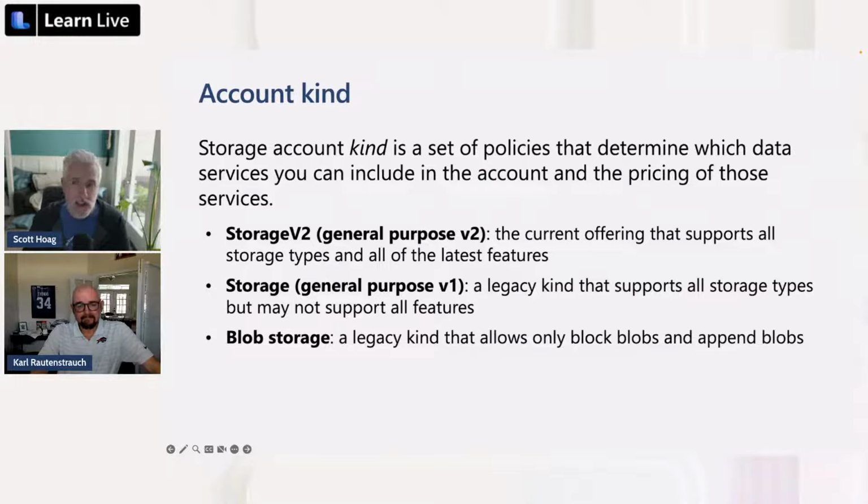That gives you access to all these features we've talked about today, like multi-protocol access, NFS and SFTP and HDFS on top of Blob, access tiers, data lifecycle management. All those things are in GPv2 and ready for you. If you have legacy accounts, maybe GPv1 accounts, you can convert those to GPv2. Zero downtime. It's basically the flip of a switch and a choice you can make along the way.